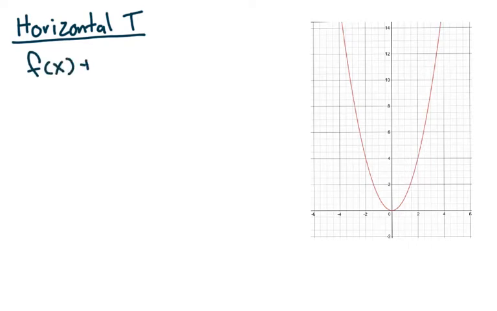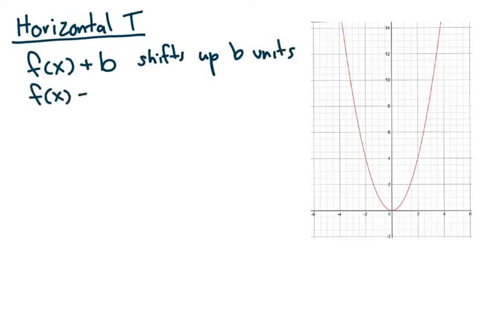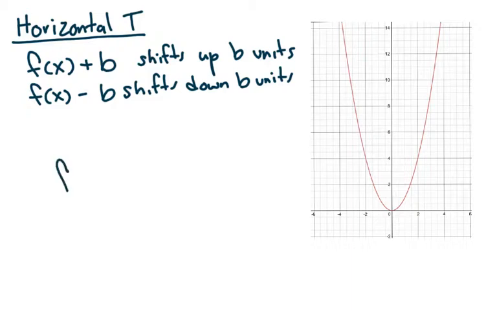If you tack on a number b onto this, okay, this shifts the function up b units. Okay, same thing if you subtract, f of x minus b, this shifts down b units.